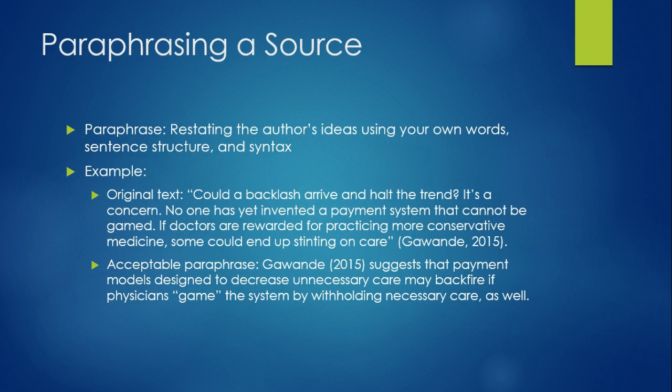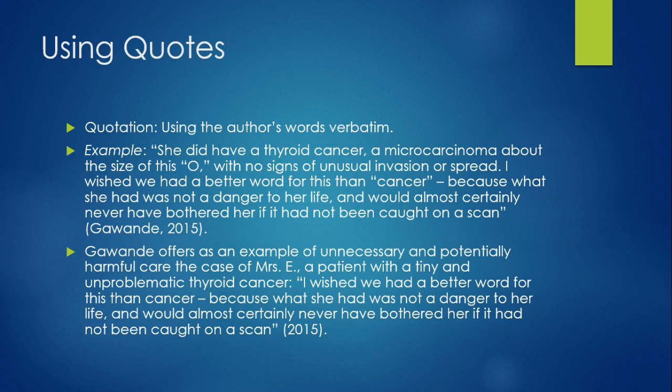You'll notice that in that paraphrase I put quotation marks around the word game, partly because it's a unique usage of it, and secondly because Gawande actually used that word and it's a rather unique word. Finally, using quotes. Quotation is the act of using the author's words verbatim.